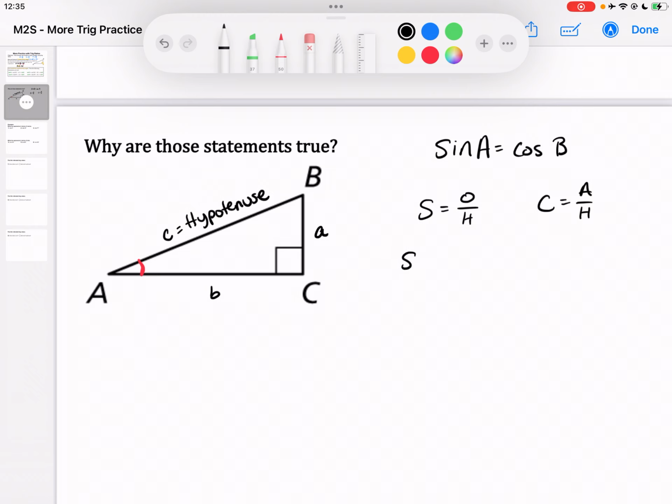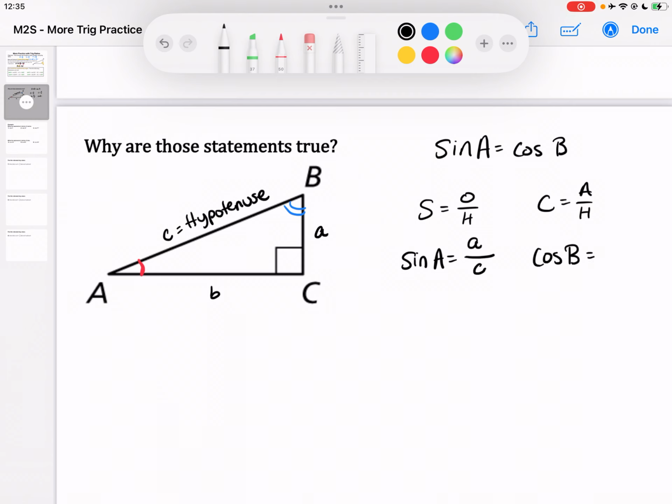So we know that sine of angle A is equal to our opposite side. The opposite is side A, and the hypotenuse is side C. Then we also know that cosine of, we're now going to switch angles, angle B right here.